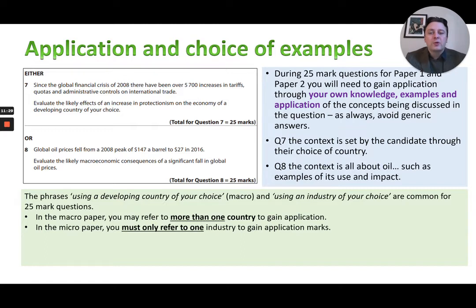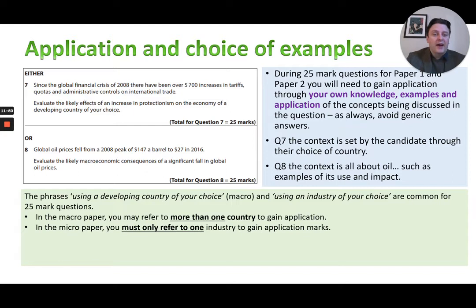Question 8. Global oil prices fell from a 2008 peak of $147 per barrel to $27 per barrel. Evaluate the likely macroeconomic consequences of a significant fall in oil prices. So this question is all about oil as a resource.